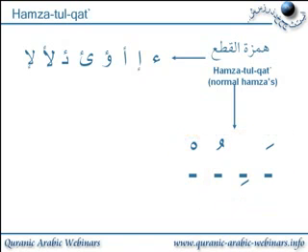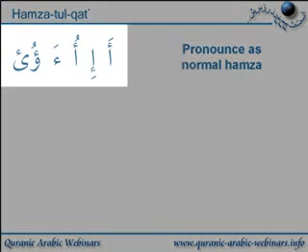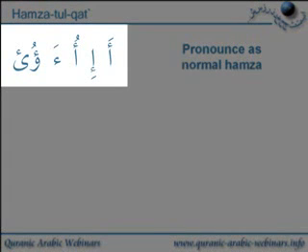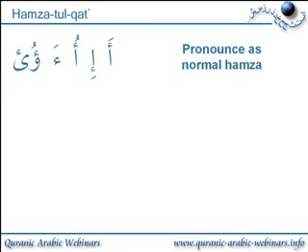Okay. So here's a few examples. We've got the a, e, u, etc. And the main point here, and we've covered this before, is the Hamza will always be pronounced as the Hamza. Even if it's sitting on a waw or a ya, they're still pronounced as a normal Hamza.